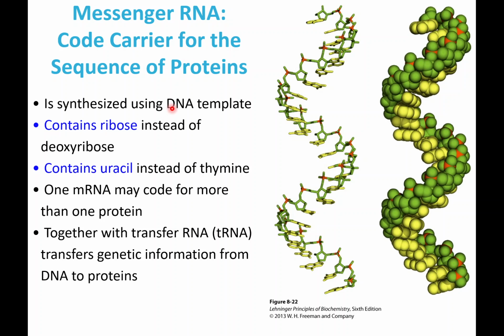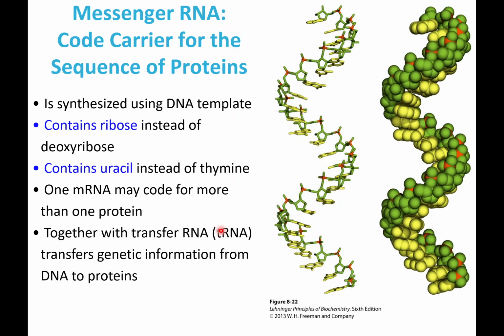Okay. It's synthesized using the DNA template. The difference between RNA and DNA, the most striking difference is right there in the name. It contains ribose instead of deoxyribose. Right. Another difference, as we've mentioned, RNA contains the base uracil, and that replaces the base thymine.